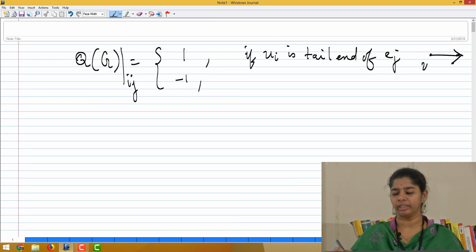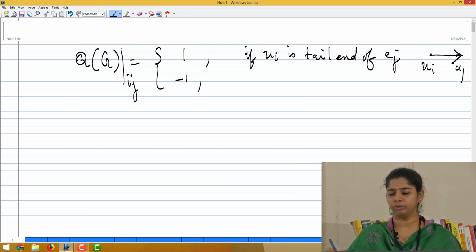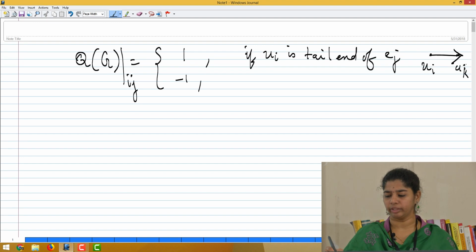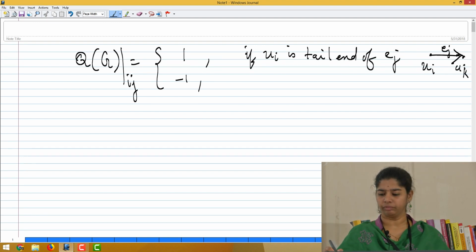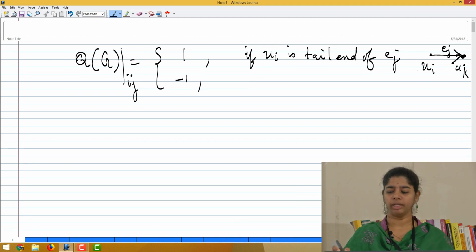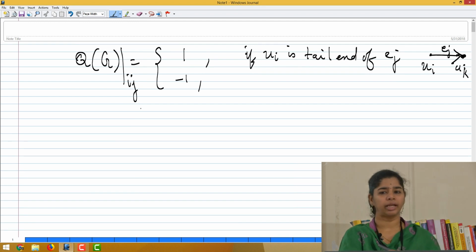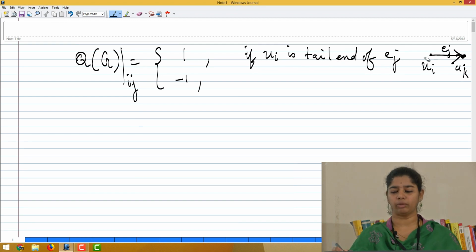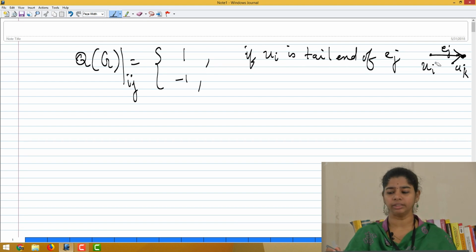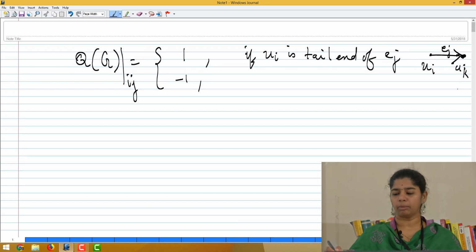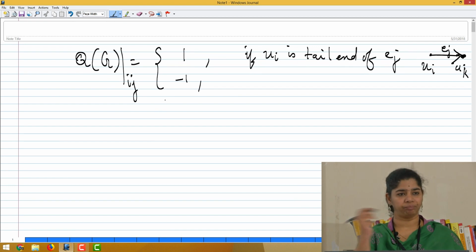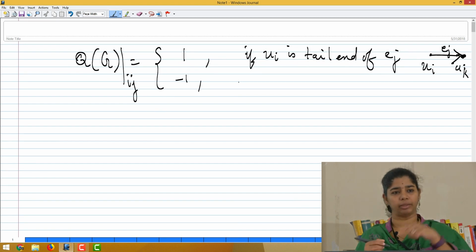So if this is the case, let me just use a different notation, say ui uk, and if ej is the edge we are talking about, in this direction, then the ijth entry qij of this matrix is going to be equal to 1 because ui is the tail end of the directed edge, and the corresponding k would take -1, the other end, because it is an incoming edge.